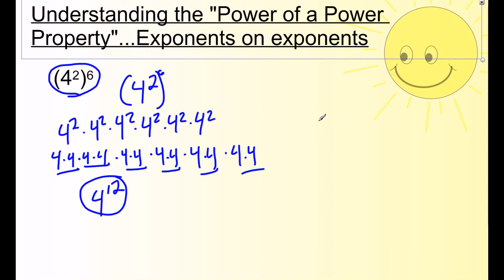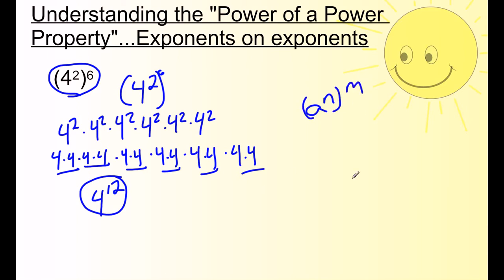So if I use the variables again, a to the n, to the m, gives you a to the n m. You multiply the two powers together.